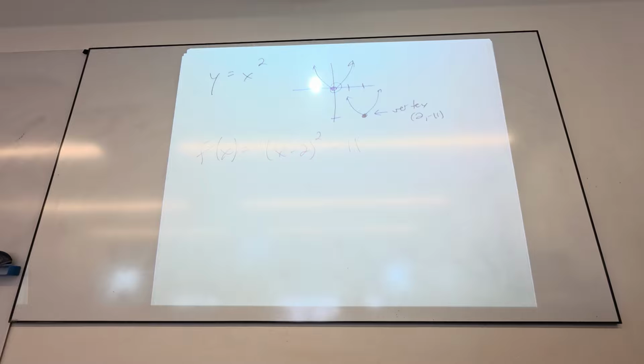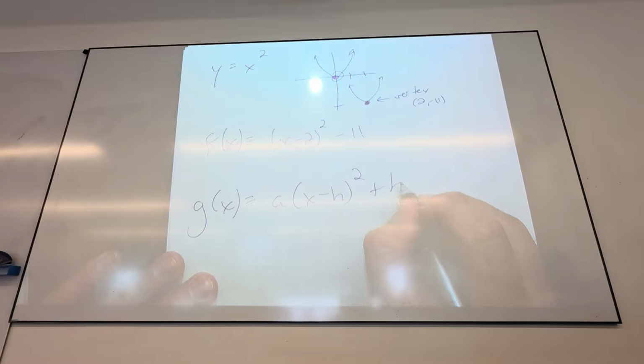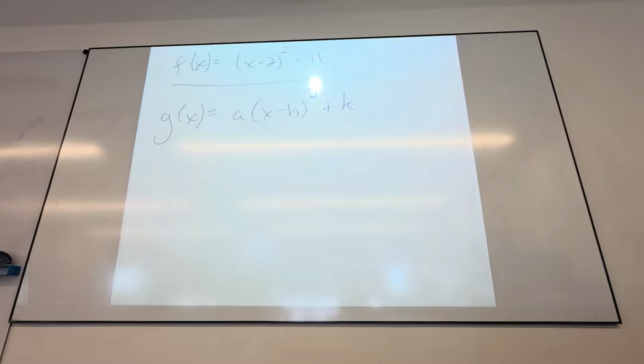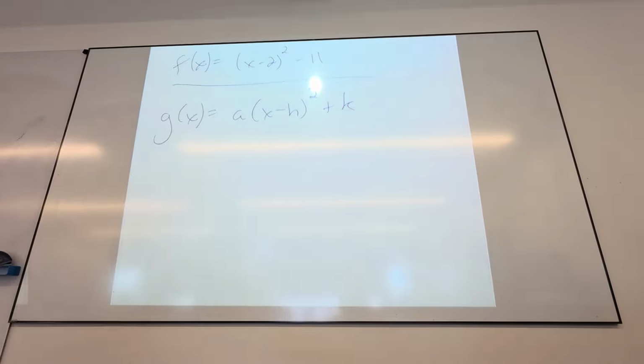So if I give you something in this form, almost exactly like y equals mx plus b, why is that the best form for a line? Y equals 2x plus 3. Tell me anything you know about that line.